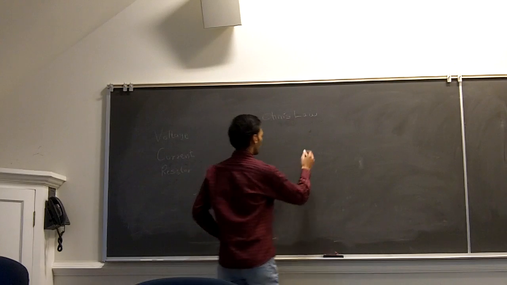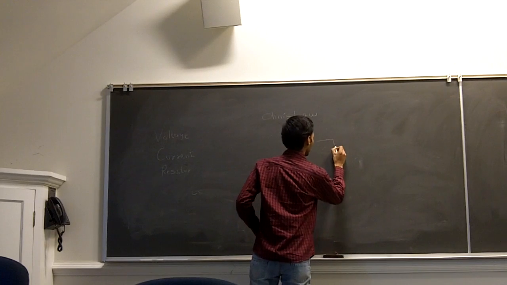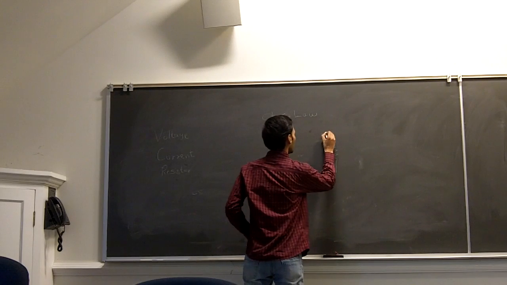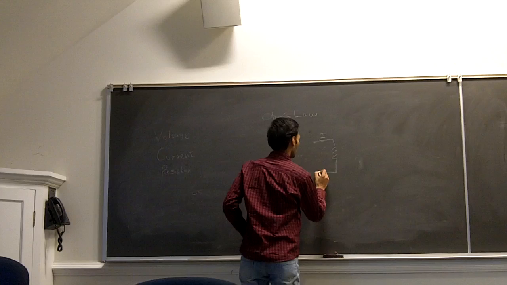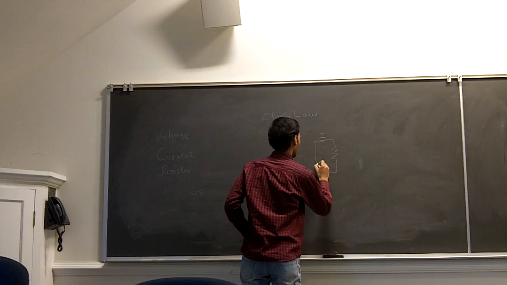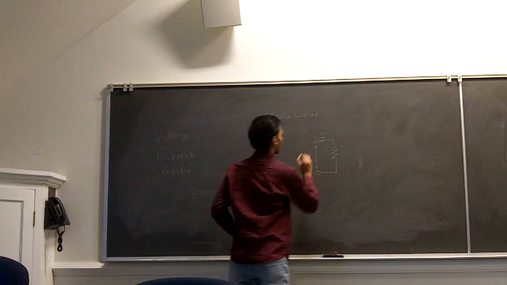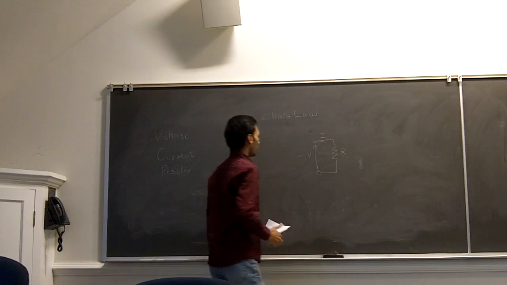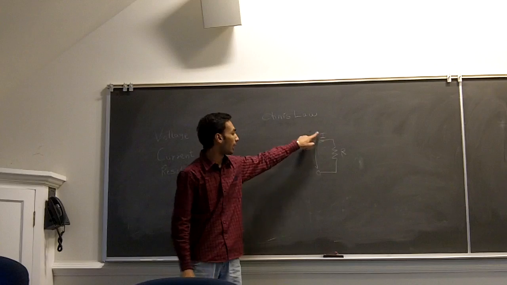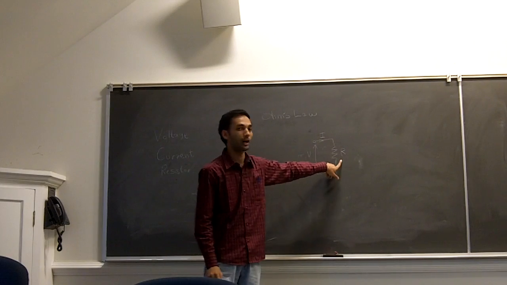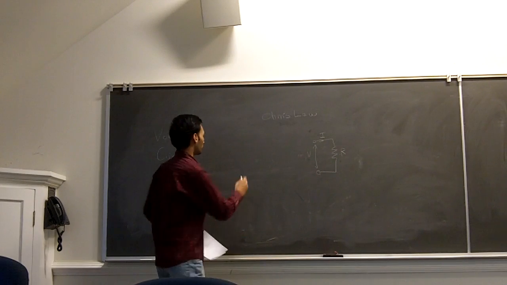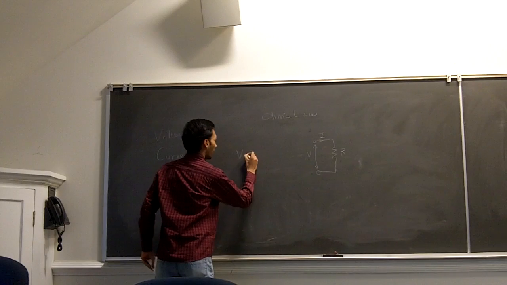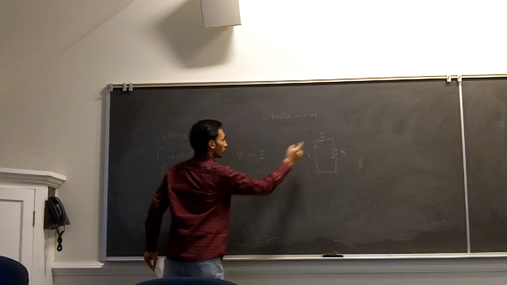So if we consider a circuit which has a resistance, current flowing through it, and a potential difference applied across the circuit, where current is represented by I, voltage by V, and resistance by R. What Ohm's law says is that the potential difference applied across the circuit is directly proportional to the current flowing through the circuit.